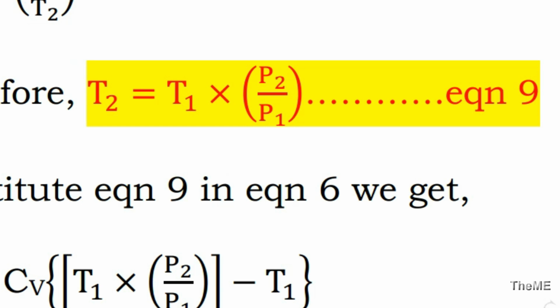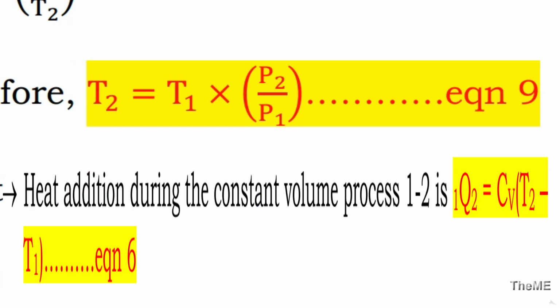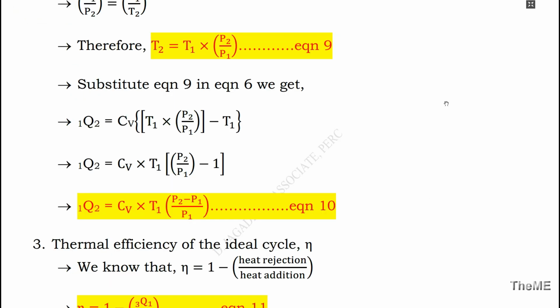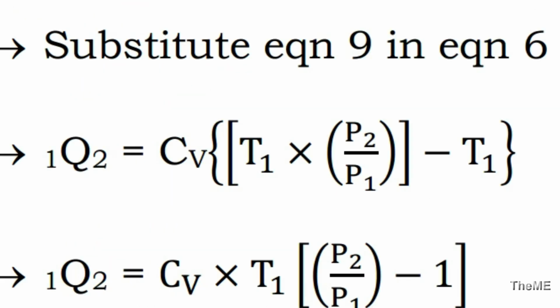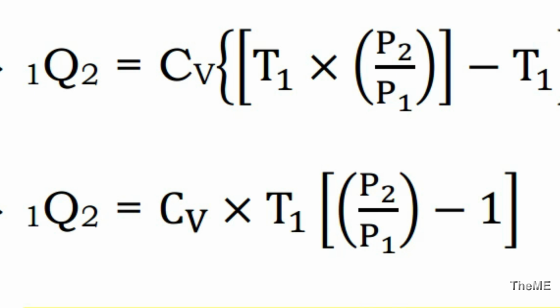Now I have found the value of T2, and I will substitute this T2 in equation 6. We get Q1 to 2 is equal to CV into T1 into P2 by P1 minus T1. Now we will take T1 as common. We get Q1 to 2 is equal to CV into T1 into P2 by P1 minus 1.